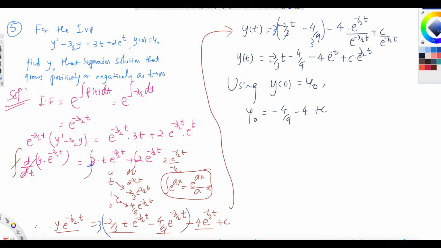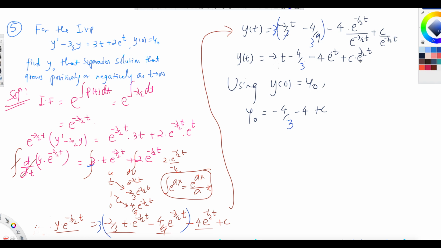So what do you get? This is negative twice t. This will be 3, right? So what do you get? You get negative 4/3 minus 4, right? And then e to the 0 is that term, so that is just 4, right?